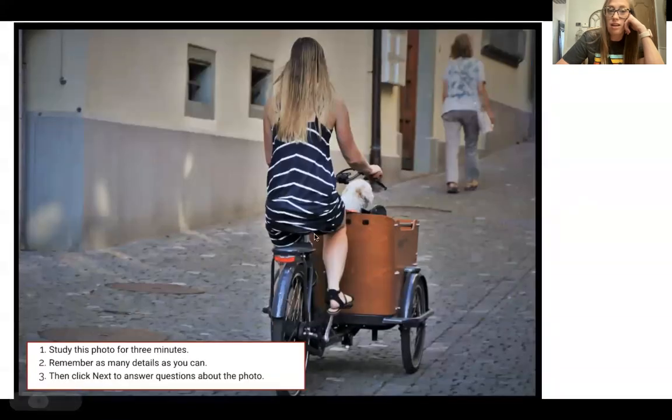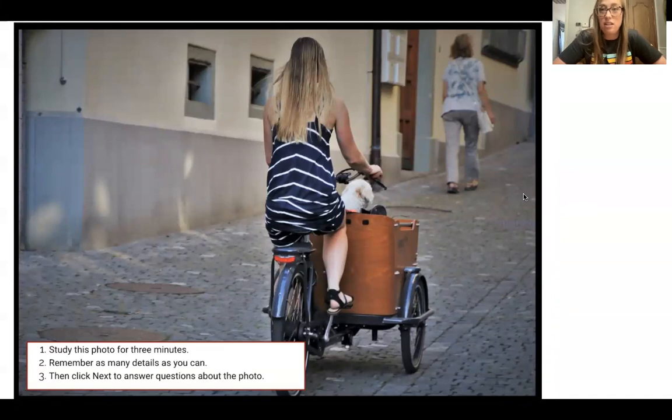And then I have several other activities on here that you all can utilize. I will just go through them and you can pause to complete the exercise. So this is a picture of a girl riding up a street.